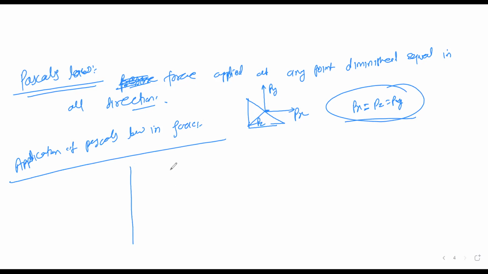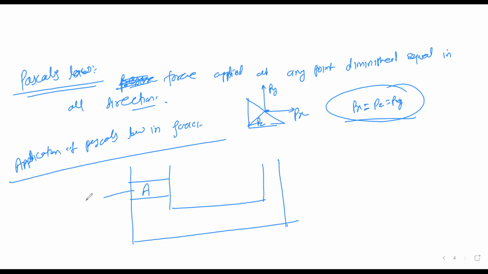So I am going to assume that there is a jack here, and this is called the ram, and the ram area is A. This is the ram, and I am going to apply the force F1 at this point.